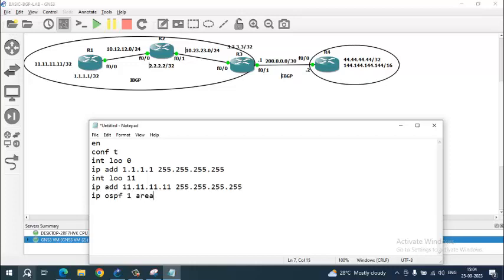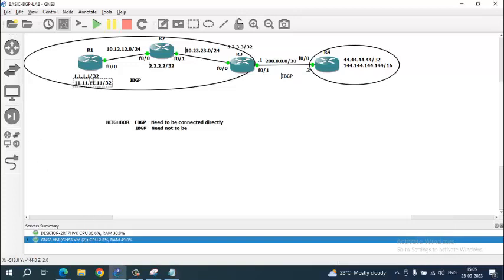If you notice here, I'm not running OSPF on loopback 0 because I'm going to use that 1.1.1.1 network to test BGP.